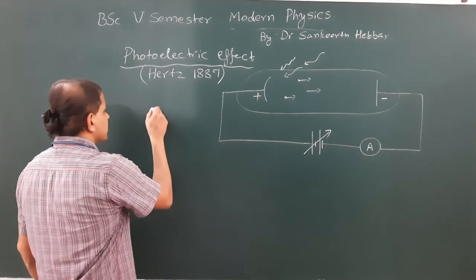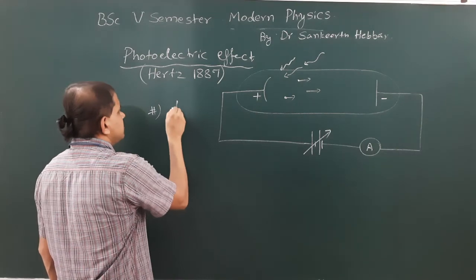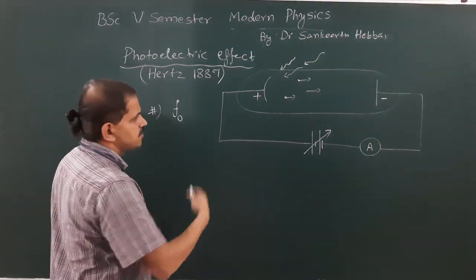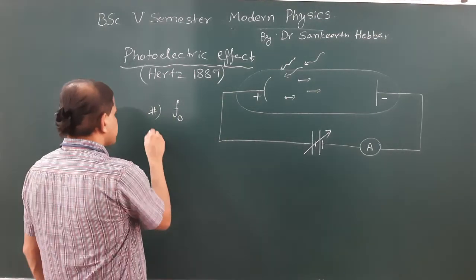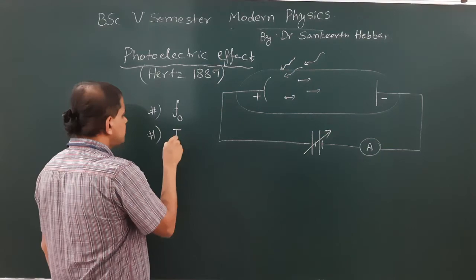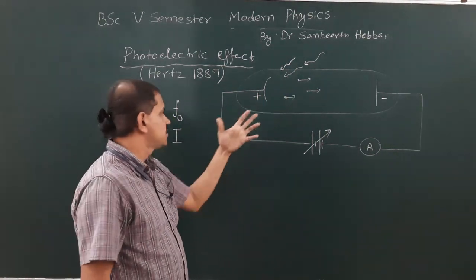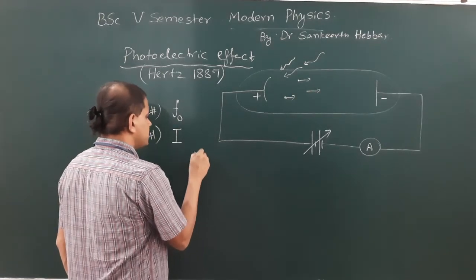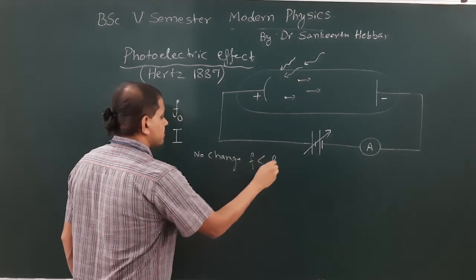So the first thing he observed was that there is a certain frequency, let us call it F0, above which he saw a spark. Then he varied the intensity. He did not see any change below, so no change until F less than F0.